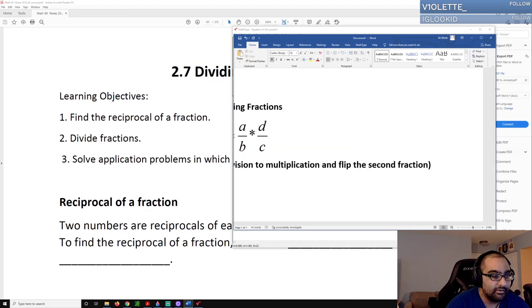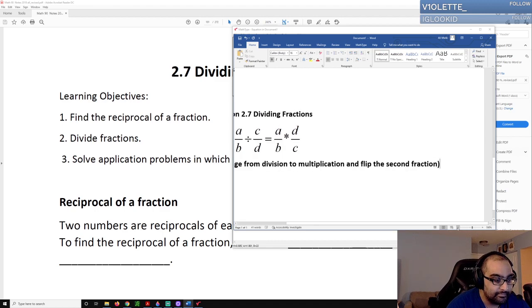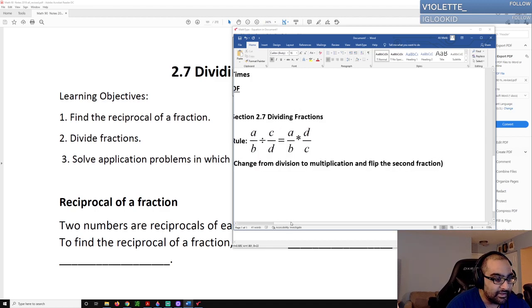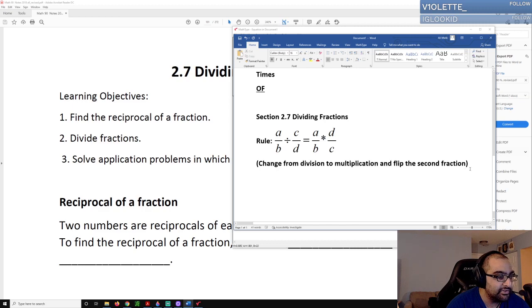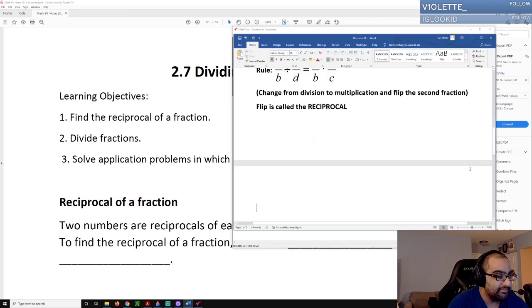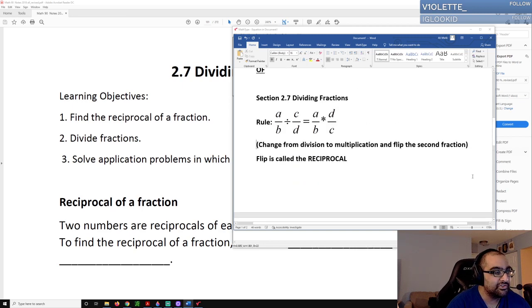Now this flip does have a name, and you can see it right on the screen. The flip is called the reciprocal. I can't spell. P-R-O-C-A. All right. So the flip is called the reciprocal, meaning you just flip that fraction over, just like so.